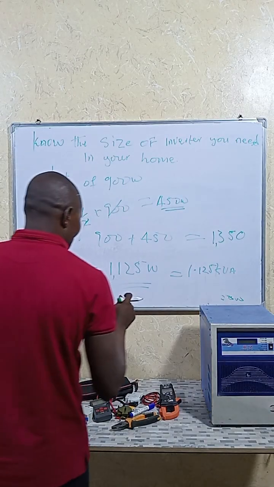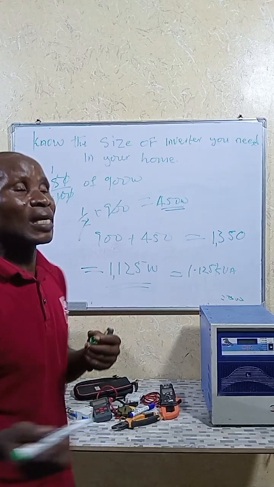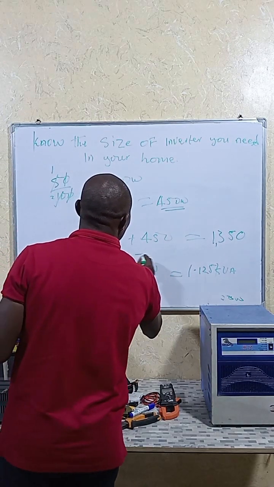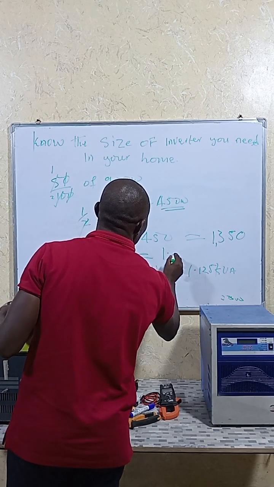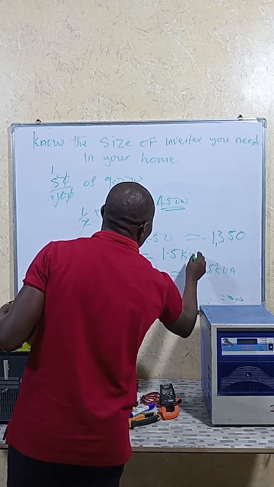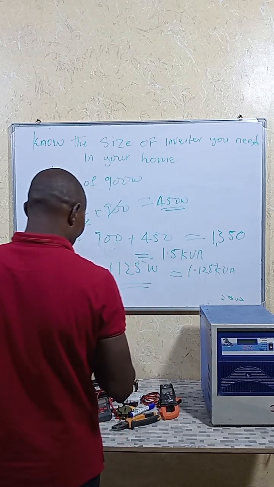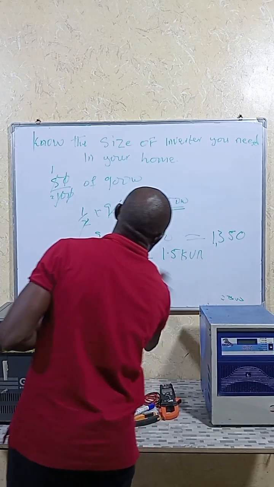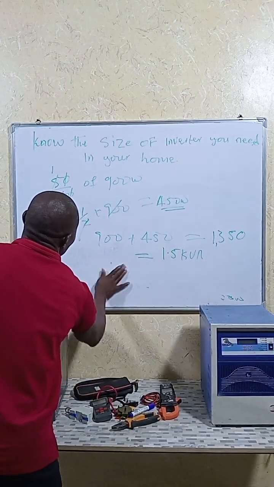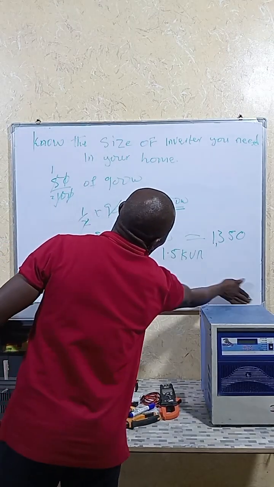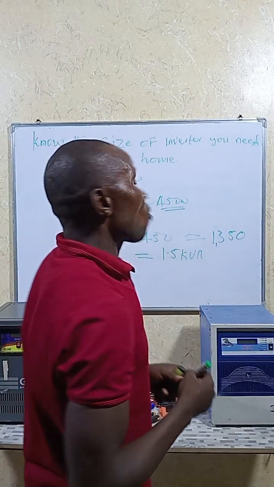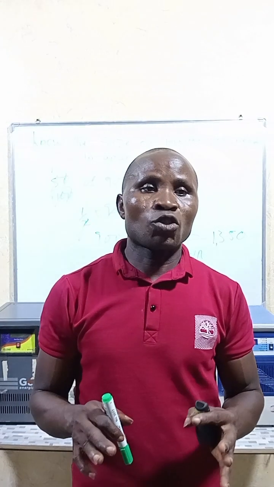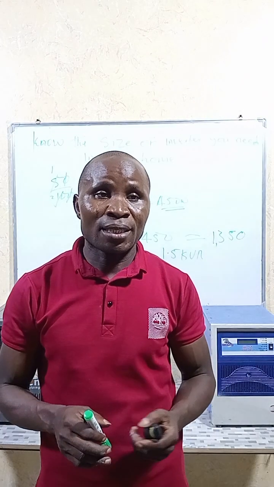One thing is that you don't go back, you always move forward. Then you add the tolerance, making it 1.5 kVA. That is the 1.5 kVA solar inverter that you will use to take care of these appliances.